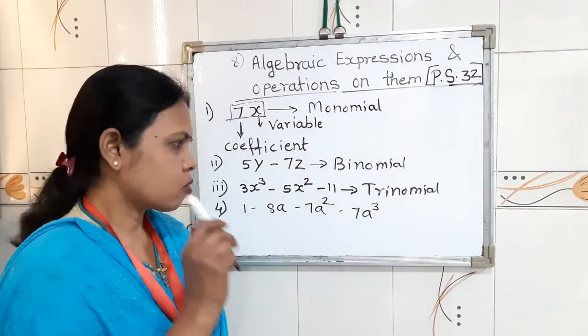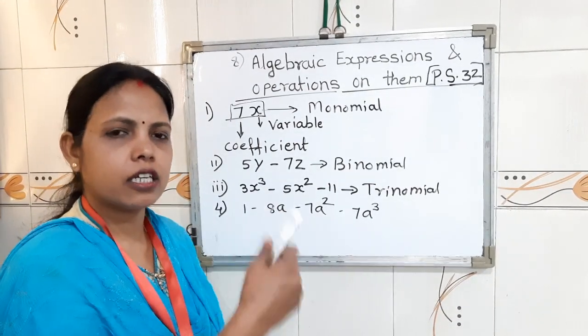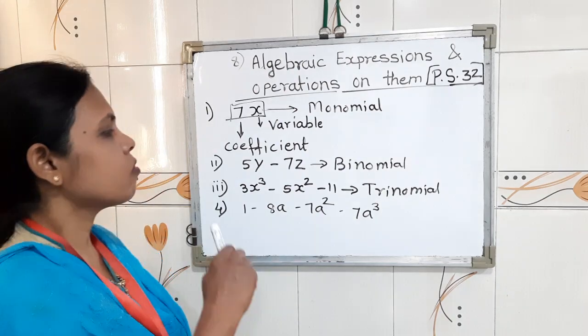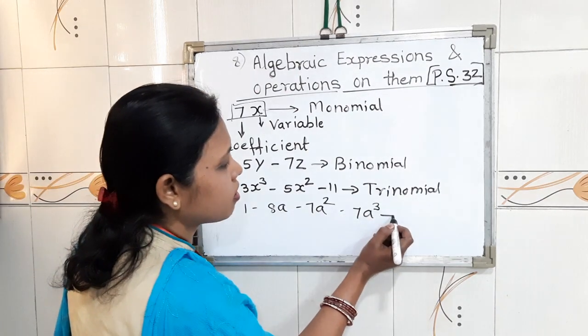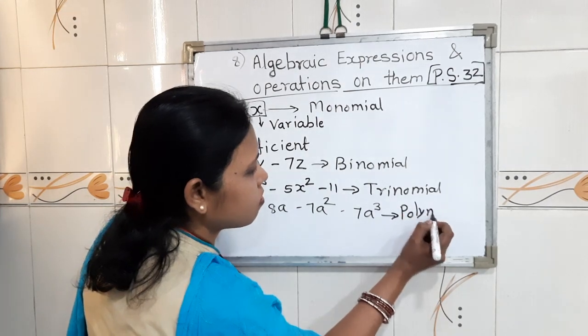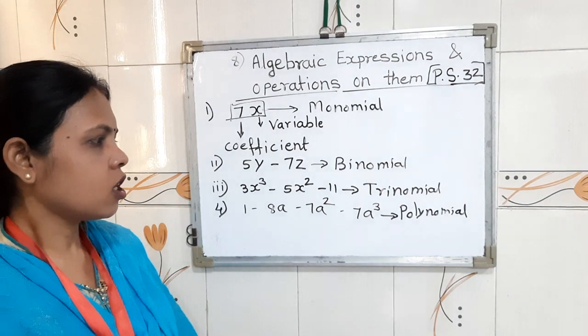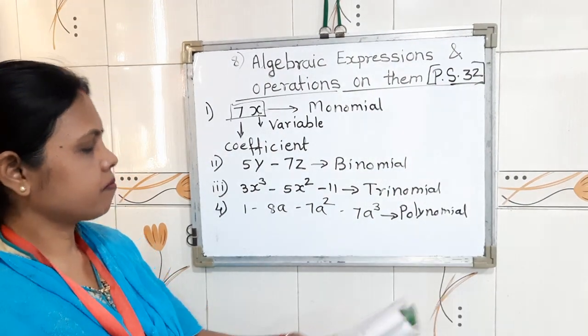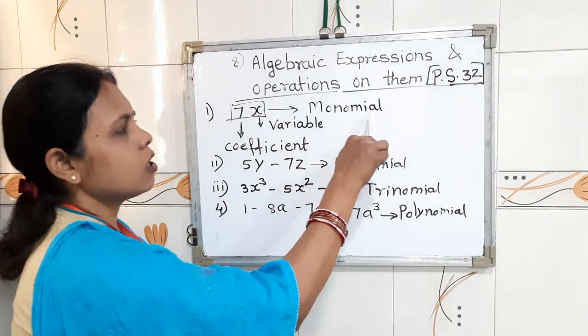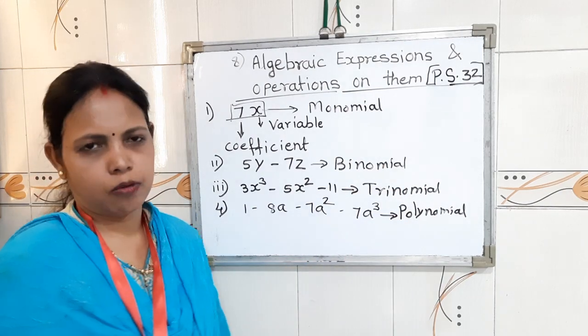So students, if in your question more than 3 terms are there, then we will call it a polynomial. So children, here we have learned monomial, binomial, trinomial and polynomial.